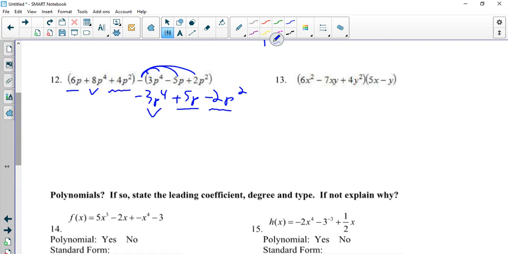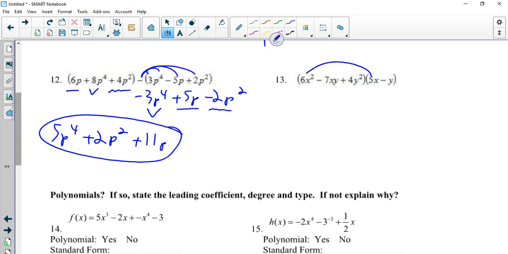Since I have one letter, I'm going to start with my highest exponent, my degree, which is 4. So 8p to the fourth minus 3p to the fourth is 5p to the fourth. Now my squares. 4p squared minus 2p squared is positive 2p squared. And 6p plus 5p is 11p, and that's it.